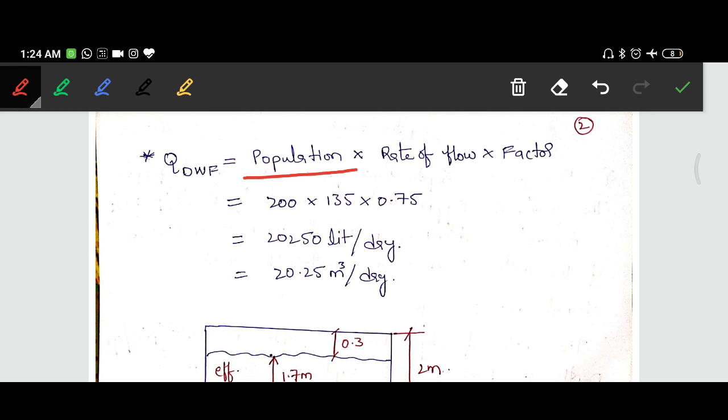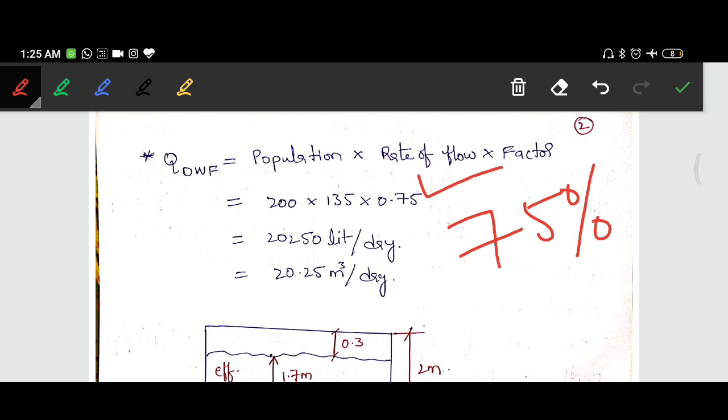So the formula is population into rate of flow into factor. Population is given, rate of water supply is given, that is 135 liters, and the percentage is given, 75% is going to convert as wastewater. So here we are taking 0.75.